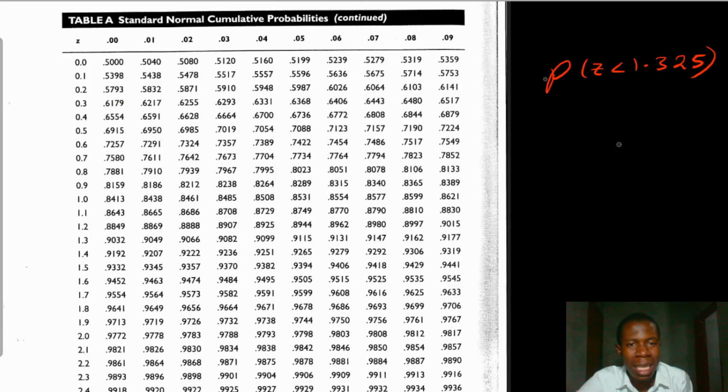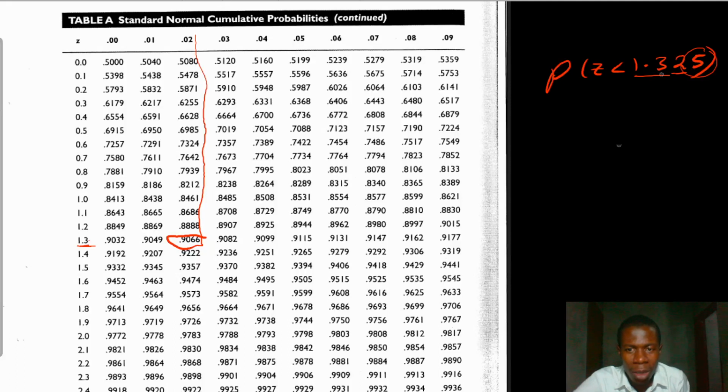All right, so for this case, you look for these two digits, 1.3, which you'll find here. Then you need to look for 2, which is under this column here. Now there is this 5 here. We don't have an extra scale here, so what do we do in that case?